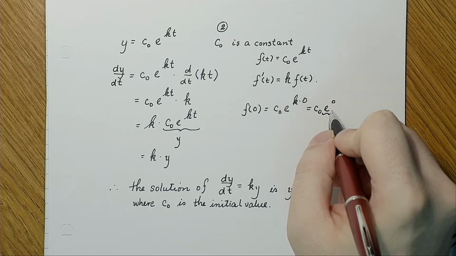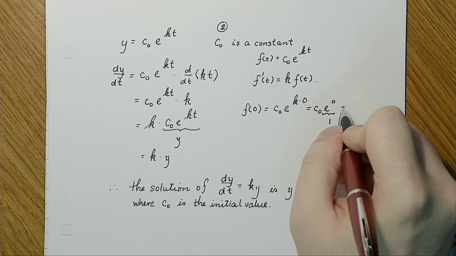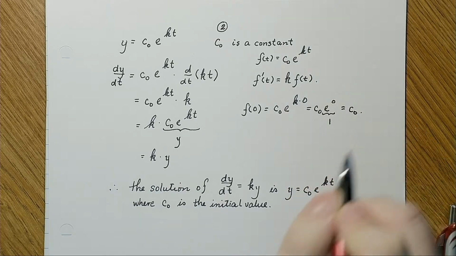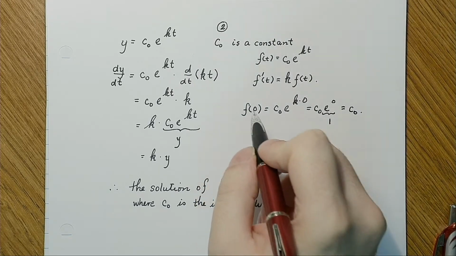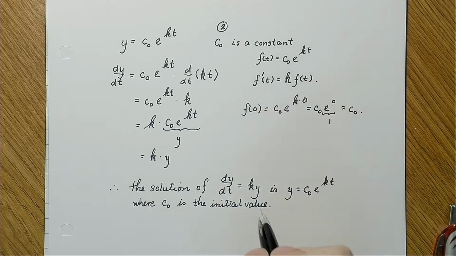We know that any base to the 0 is 1, which means I'm left with c naught. So that's how we get that f at 0 is equal to c naught, or C0, and that's why we call it the initial value.